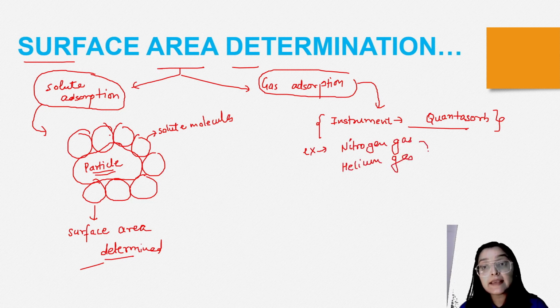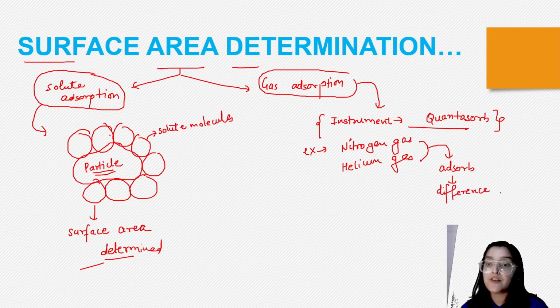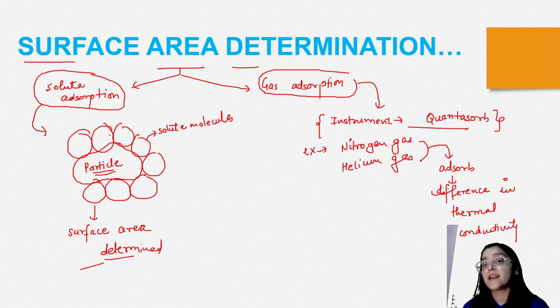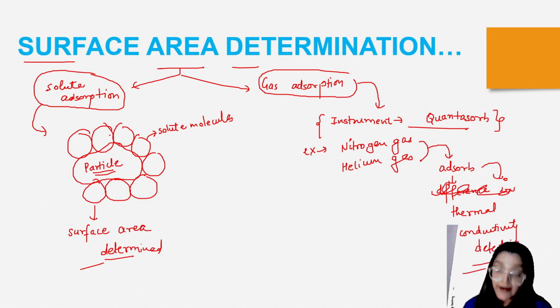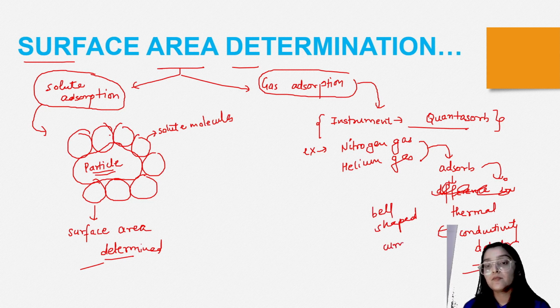As the gases are adsorbed on the surface, what will happen? There will be a difference in the thermal conductivity. As soon as they are adsorbed on the surface, a thermal conductivity detector will be able to detect this adsorption and form a bell-shaped curve, right?